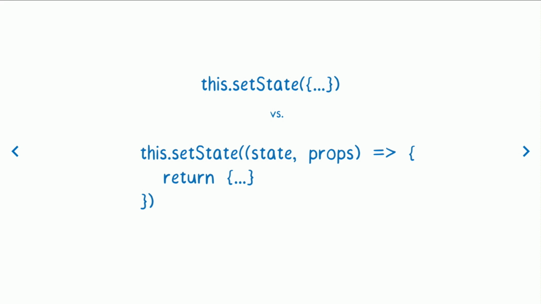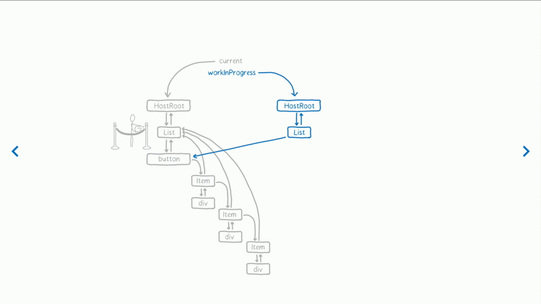But with Fiber, you really want to use updater functions, and they might even remove the object form at some point. So calling the updater function gives us the new state. And the update queue is finished processing. So this fiber is then marked. It has a tag attached to it because it needs to have a change made in the DOM tree.